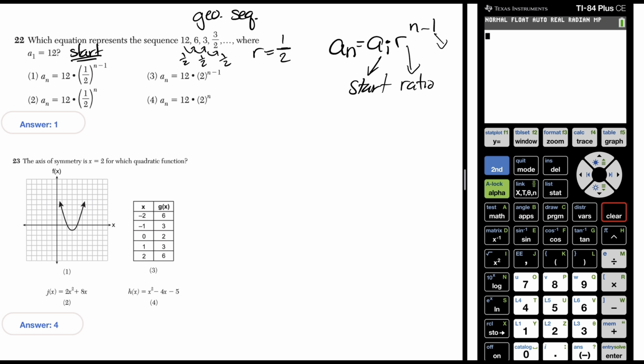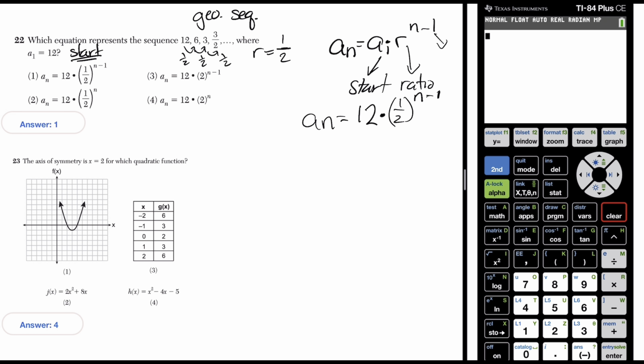Okay, so in this case they want us to know which equation. How do I write this whole equation out? I can leave the a sub n, and I have my a1, which is 12, times my ratio, which is 1/2, and I'm going to have it to the nth power, because they're not telling us what number we want. If they wanted the 8th term, then I would just do n minus 1.